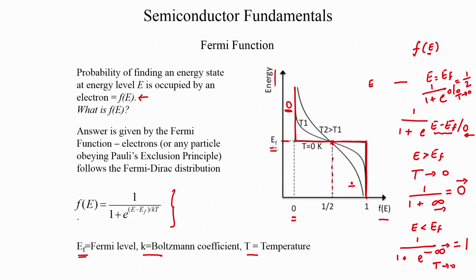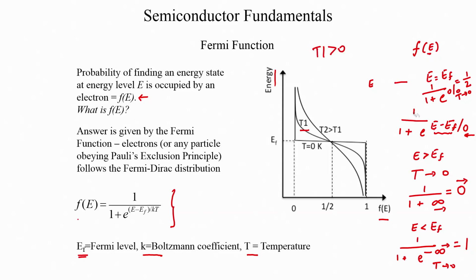Now, as temperature increases, this is what happens as t approaches 0 Kelvin. Being at exactly 0 Kelvin is not possible, as it is against the laws of thermodynamics. So, let us take a more realistic case where you have a temperature T1 that is greater than 0.